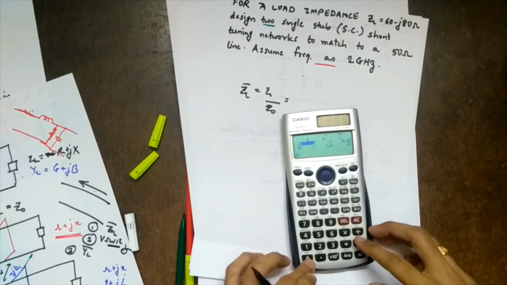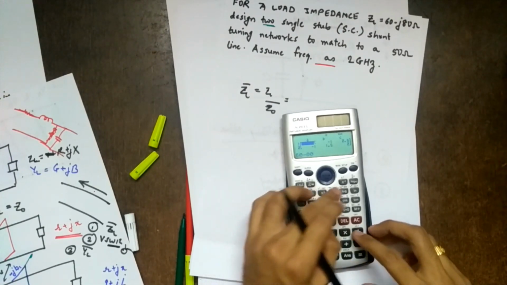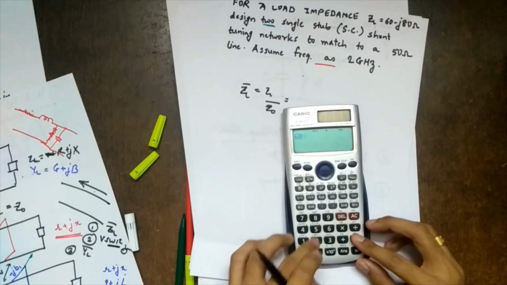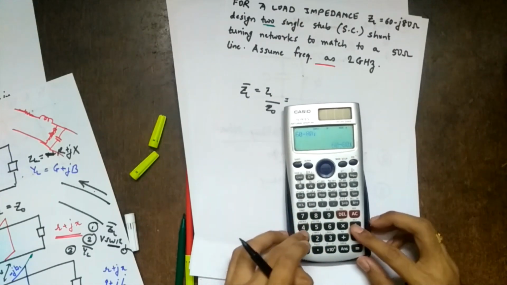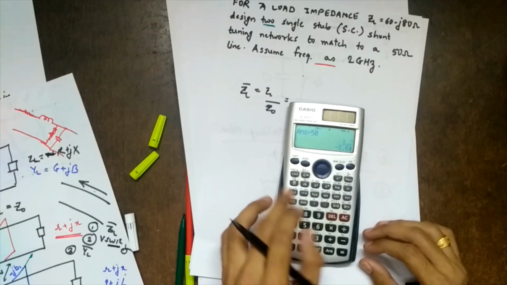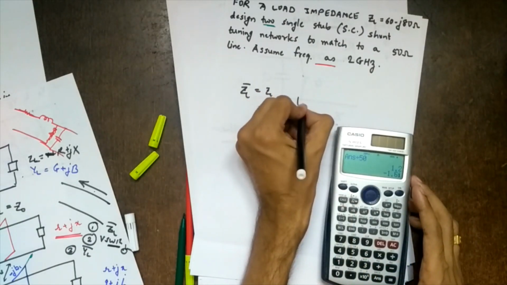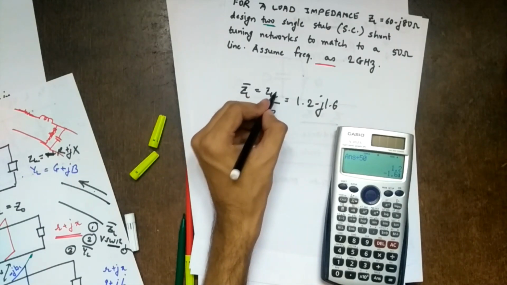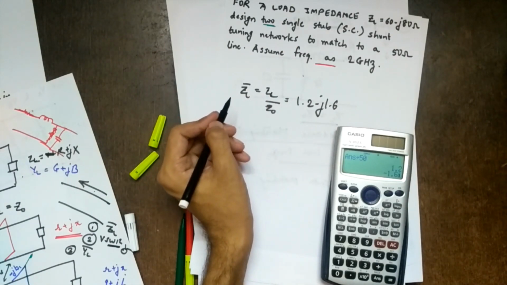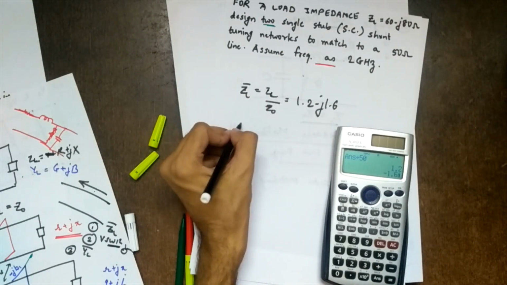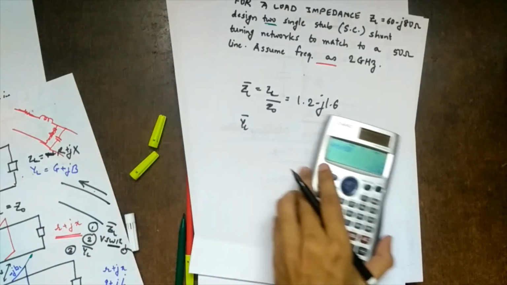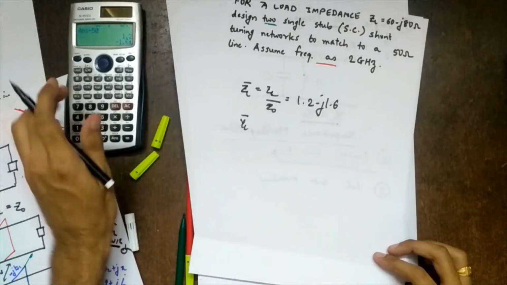What do you get? 1.2 minus j1.6. It has no unit because ohms and ohms cancel in division. You don't have to calculate it further, because we will use the Smith chart for that. So just plot 1.2 minus j1.6.